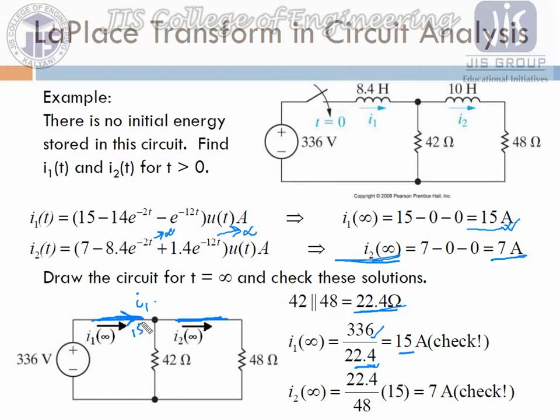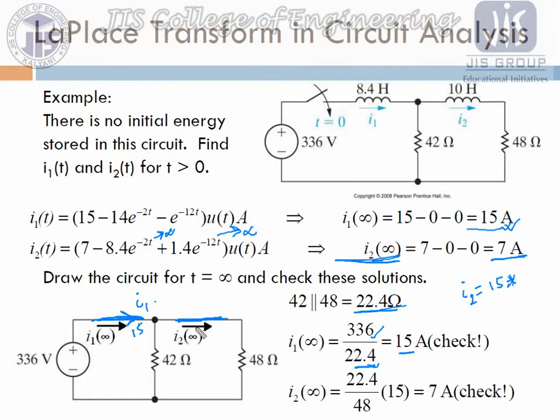Now this 15 ampere current is being divided into two different parts. What will be this I2 current? As this current is 15 ampere, we are going to find this branch current, which equals I2, by applying the current dividing rule. Which current is being divided? The 15 ampere current is being divided between the 42 and 48 ohm resistances.